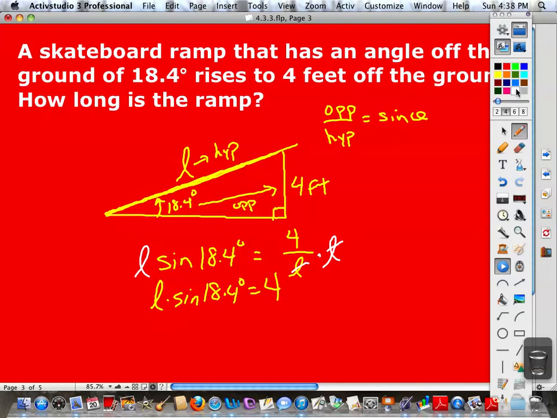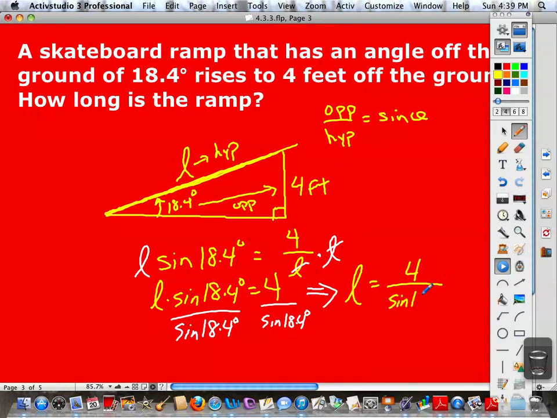So in this case, we're going to have to divide by the sine of 18.4 degrees. Remember, that's all one value. I can't split the sine from the 18.4 degrees. And if I divide the left side, I have to divide the right side. And what I end up with is the length equal to 4 divided by the sine of 18.4 degrees.